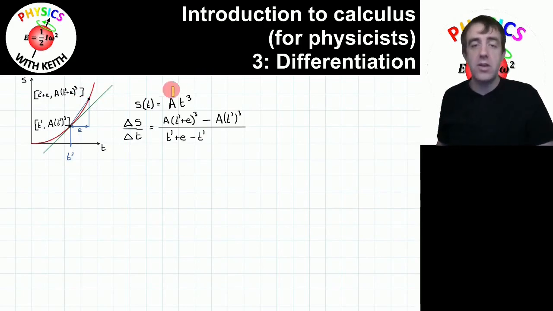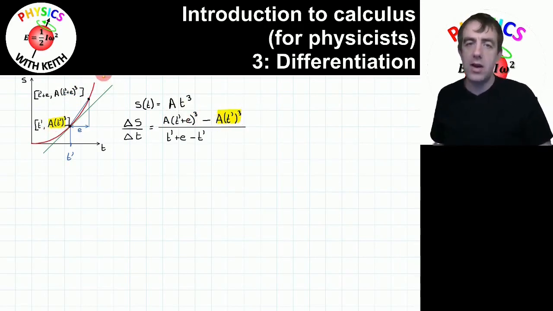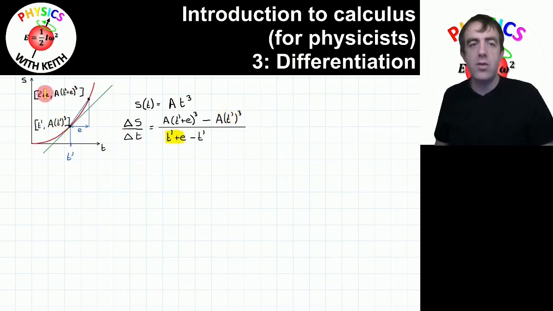Here it is written out again, where we have this term is this, and this term is this: the final value on the y-axis minus the initial value on the y-axis, and just as before, the final value on the x-axis minus the initial value on the x-axis.